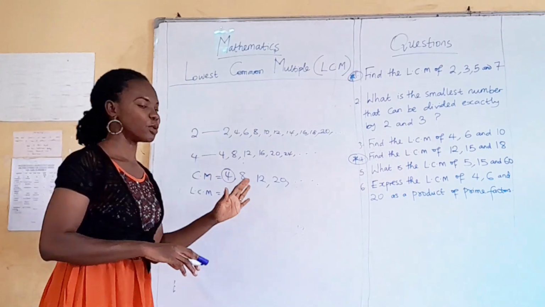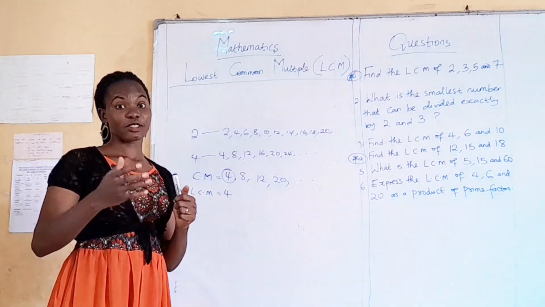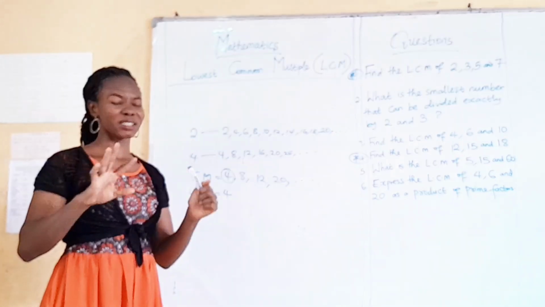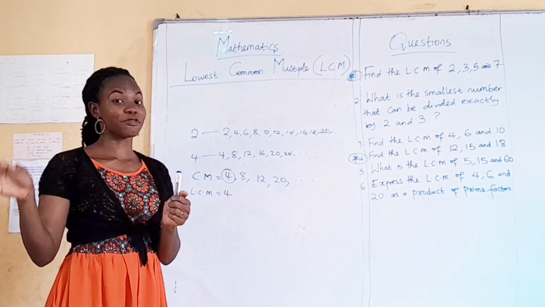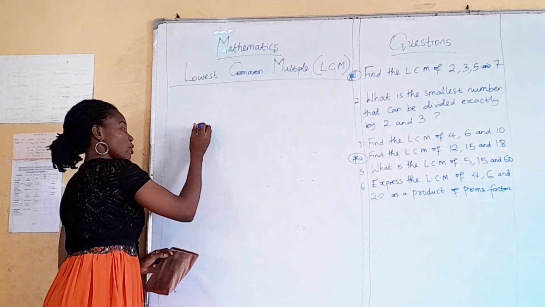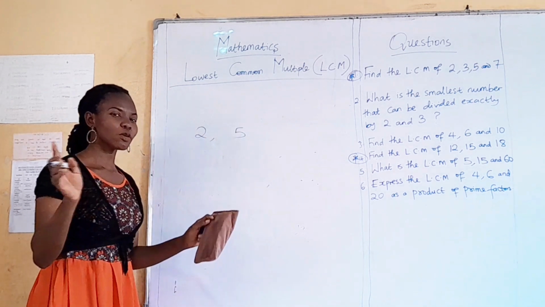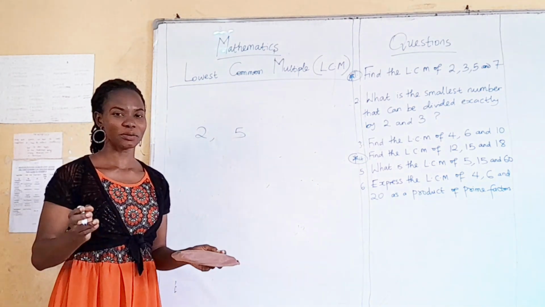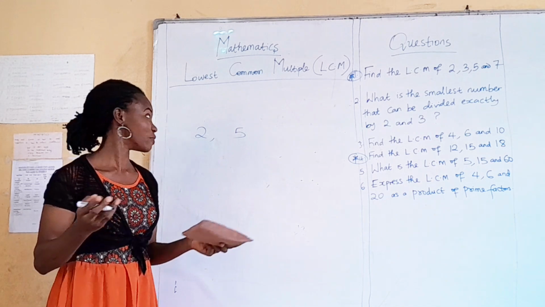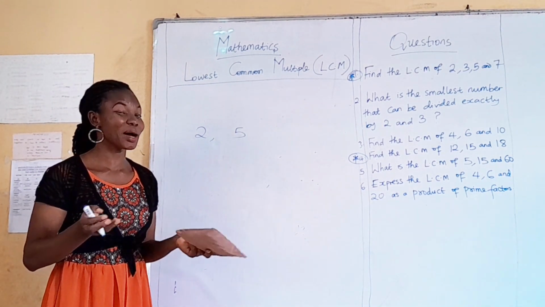Now, in this video, I will teach you some short methods, so that if you are asked for the lowest common multiple of numbers, you know what to look at and can quickly find it. The first one is when you have two numbers, for instance 2 and 5, or even 3 numbers, that don't have anything in common. Nothing can divide them at all.